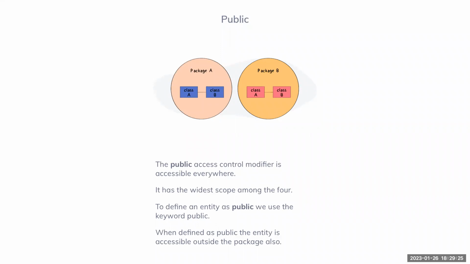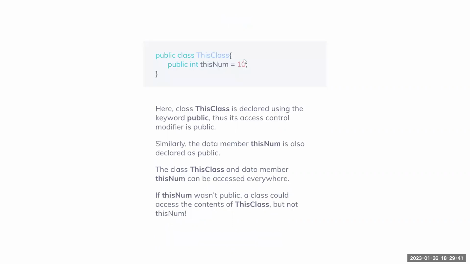Yeah, so that's what I told, right? When you take the public class A, which is defined in package A, you can still use that class A in class B, which is in a different package. So how do you write these things? Public class, this class, and public int, this number.